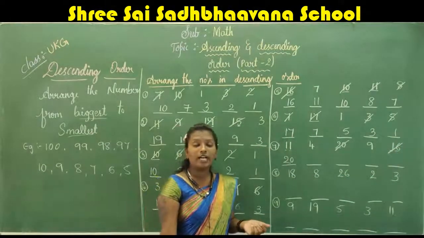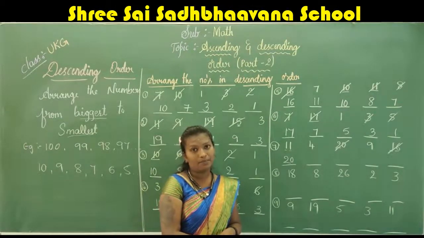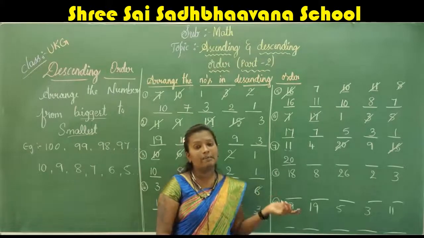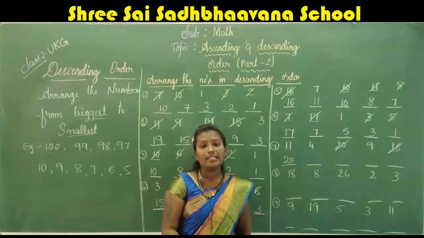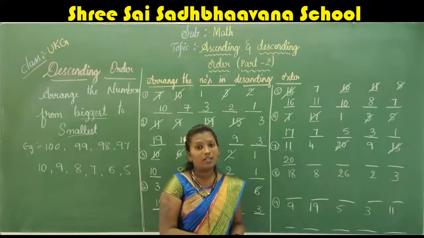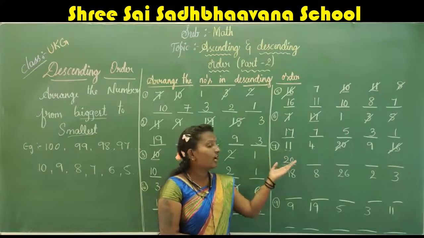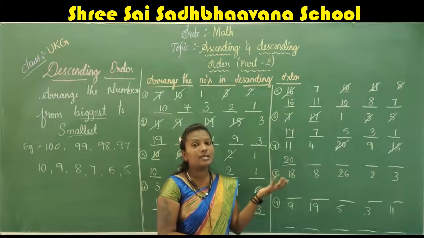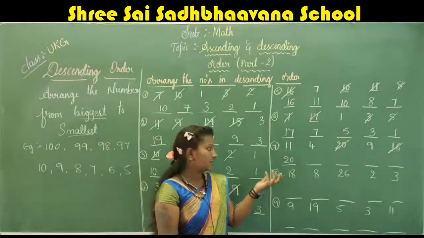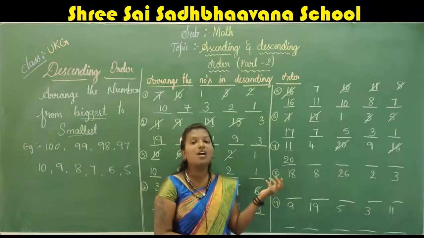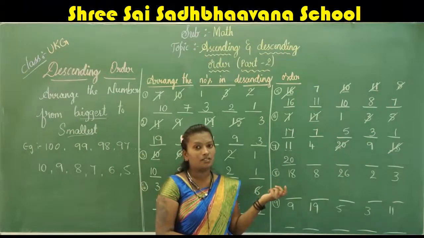Then where do we have to write number 16? Yes, in the second place. Why? Because among numbers 11, 4 and 9, 16 is the biggest number. That's why we write it in the second place, because now we are doing descending order.